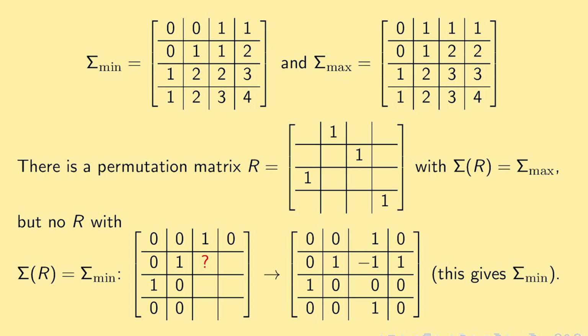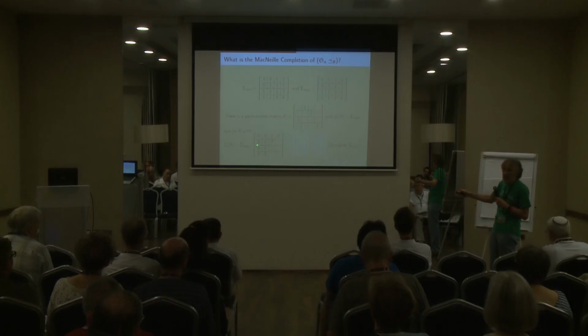Summing that up, I have a 1 right there. On the other hand, you look at this 1 here, and I know that when I take my permutation and add up the entries in this 2 by 3, I've got to end up with a 1, but I already have a 2. So clearly there's no permutation that's going to work there.